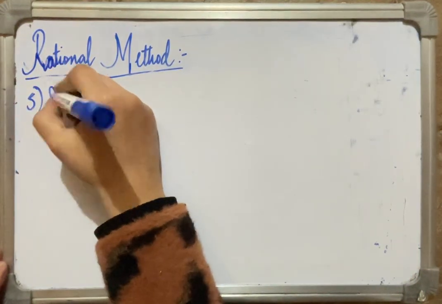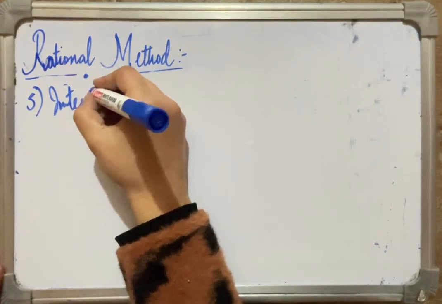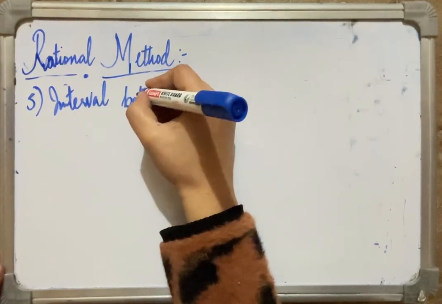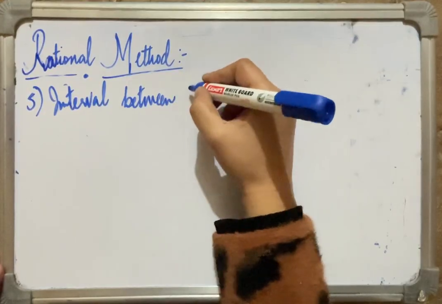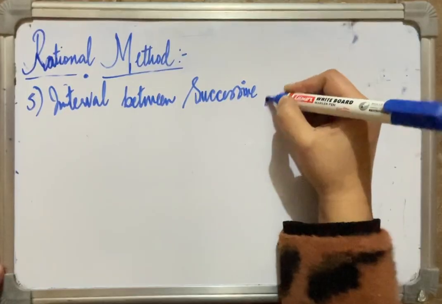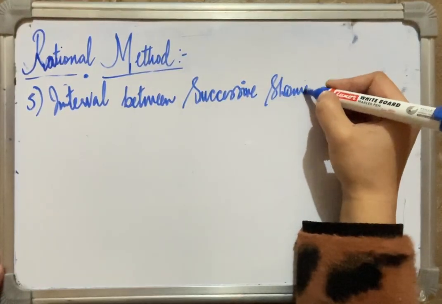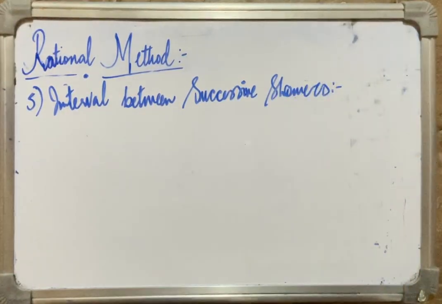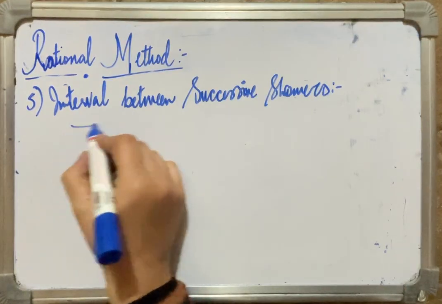Fifth factor, interval between successive showers. The smaller the interval between successive rainfall showers, the greater will be the coefficient of runoff. It's quite understood.